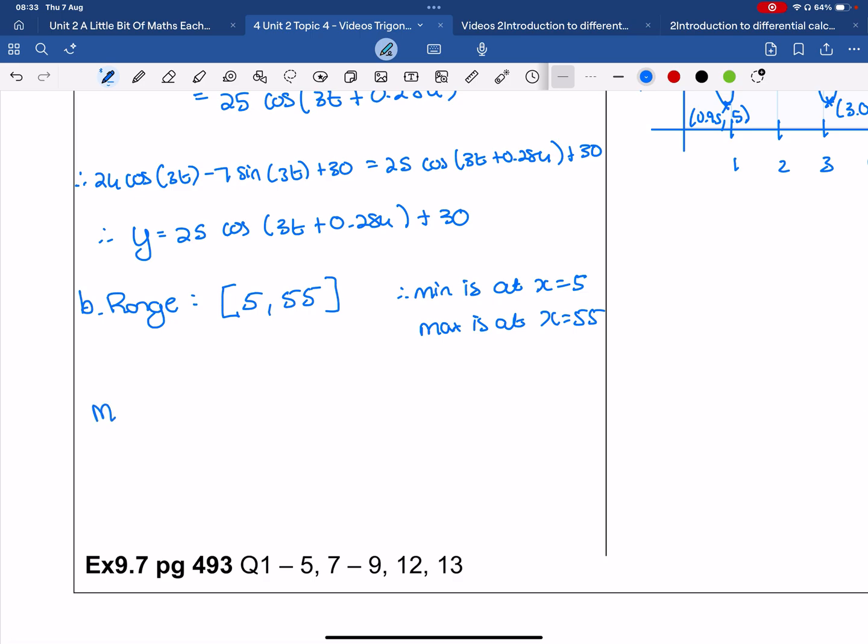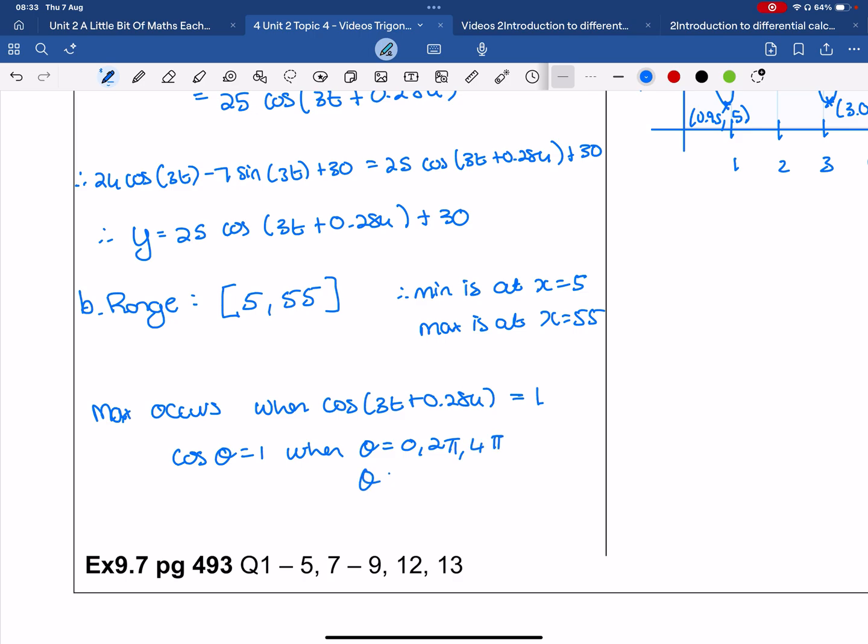So our maximum occurs when cos of 3t plus 0.284 equals 1. And cos of theta equals 1 when theta is 0, 2 pi, 4 pi.